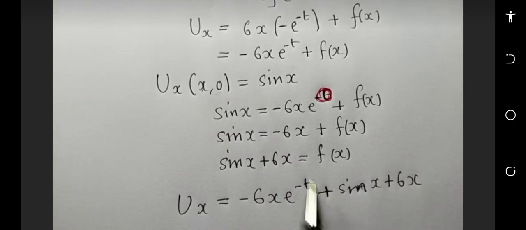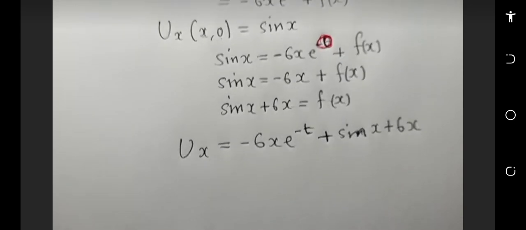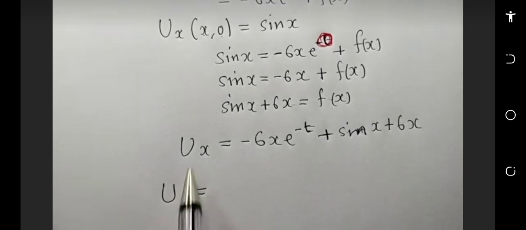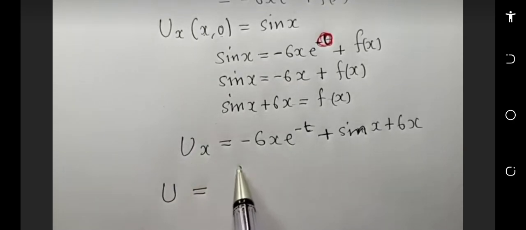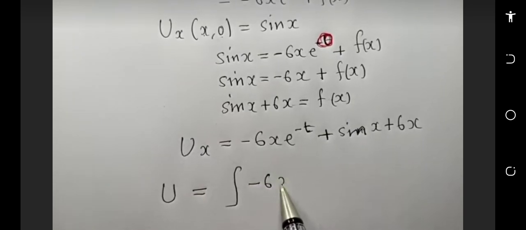Remember, our f of x here is what we found here, so we just substitute back. Now after that, we now find our u, okay, from this. So what will be our u? The u will just be the integral of everything that we found here.